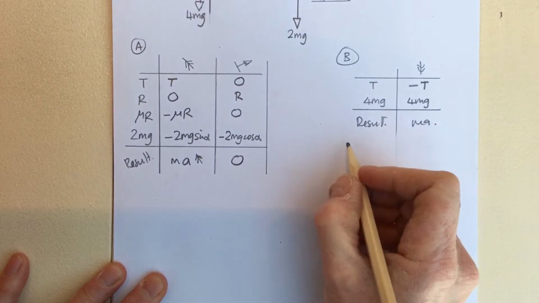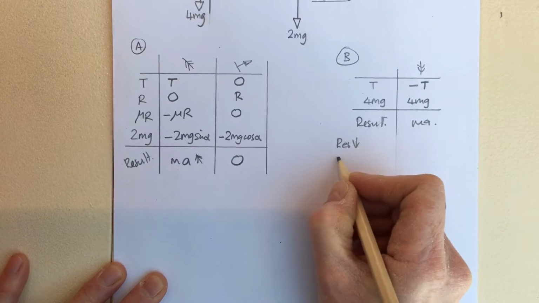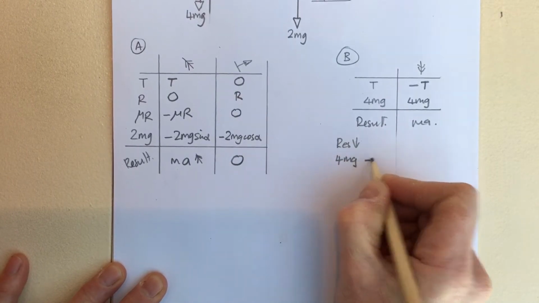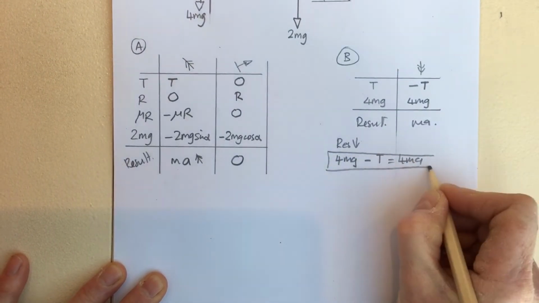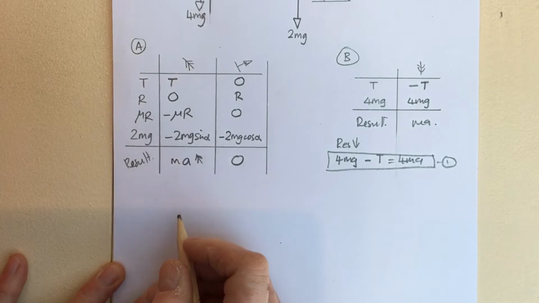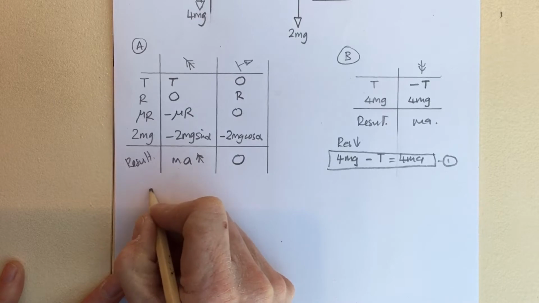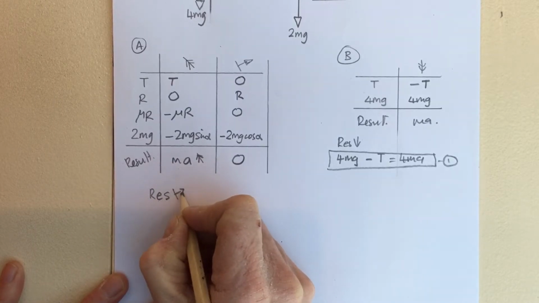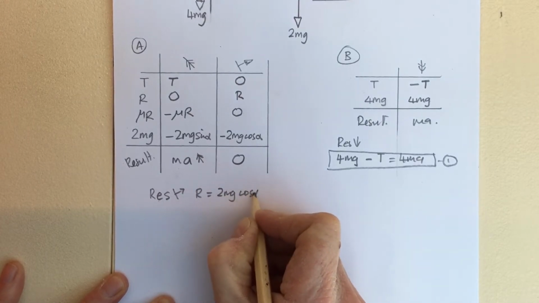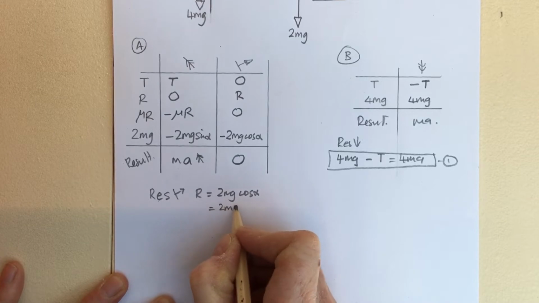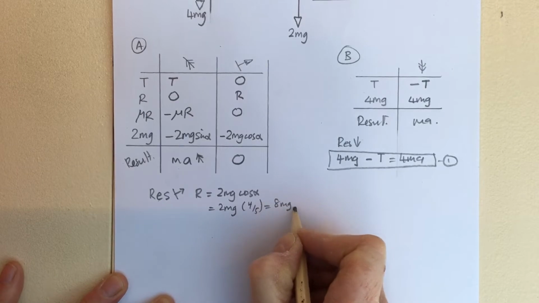So dealing with B first of all, for our Newton's second law, resolving down, we would have 4 mg minus T is equal to 4 ma. I'll call that equation 1. And then for our particle A, perpendicular to the plane, we're going to have R is equal to 2 mg cos alpha, which is 2 mg times 4/5, which is 8 mg over 5.